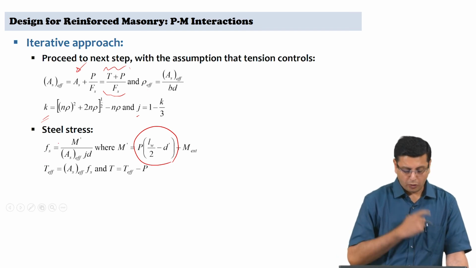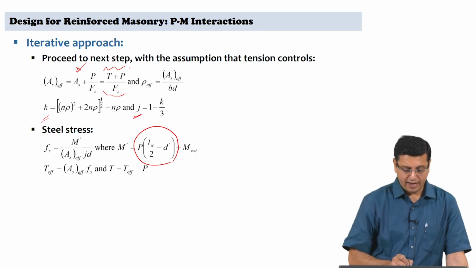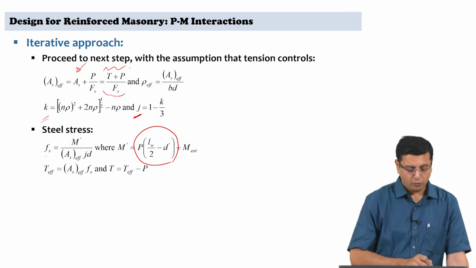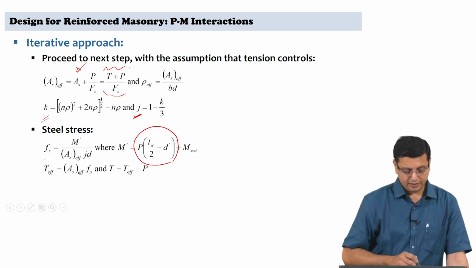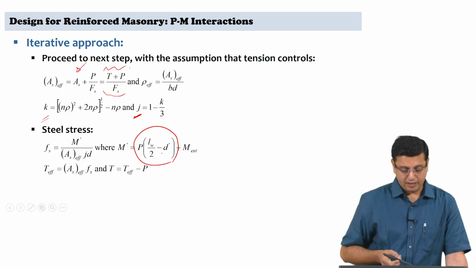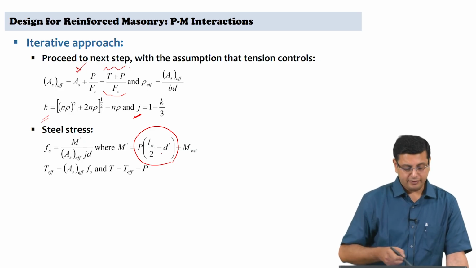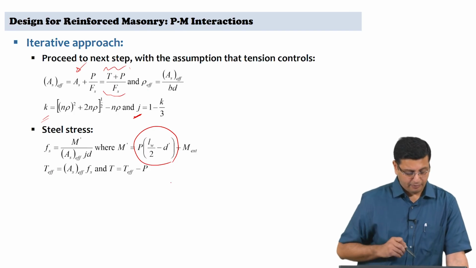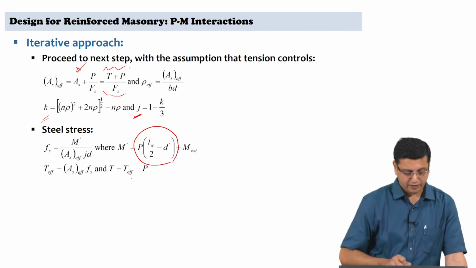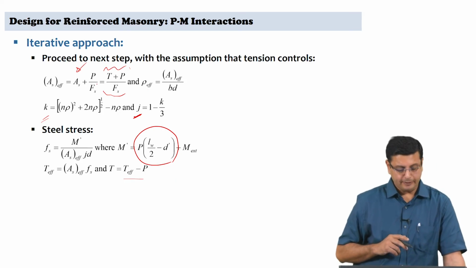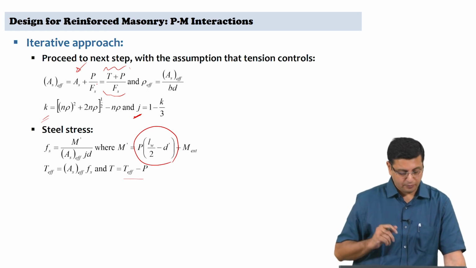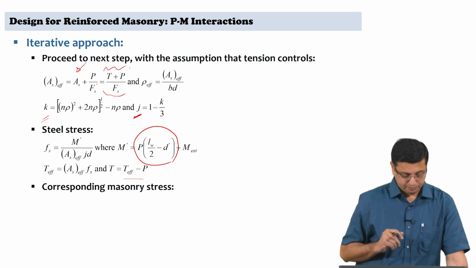From the K and J, Kd and J calculated, you can then make an estimate of what the stress in steel is: the total moment divided by the effective area of steel times J into D. It should satisfy the original set of assumptions that you have made in terms of what the effective tension is and what the tension from equilibrium itself is.